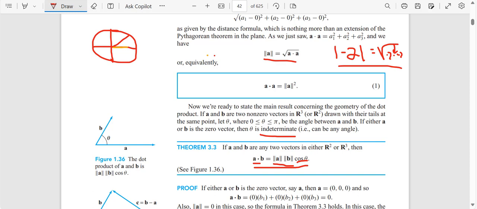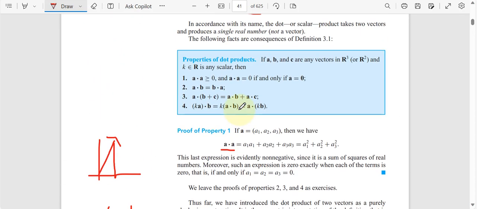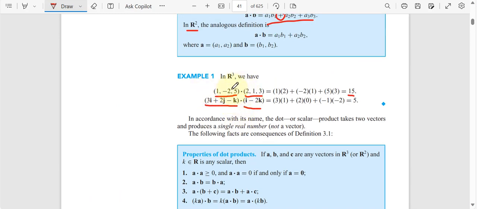We get a deeper understanding of this dot product definition that we gave, which was pretty simple, right? We take this times this, that times that, and add it up. Now we get a little more insight into this.